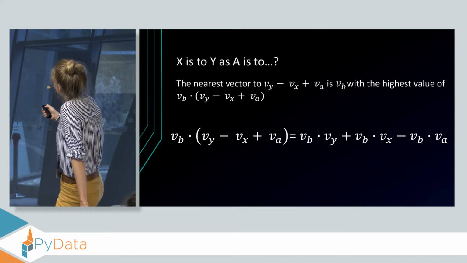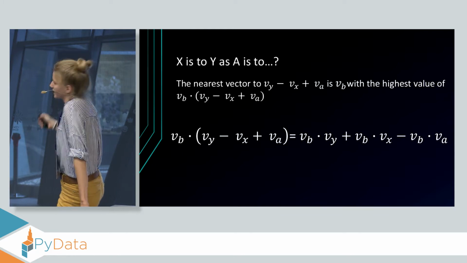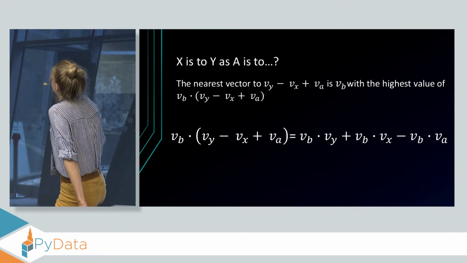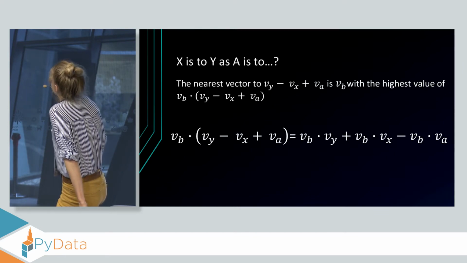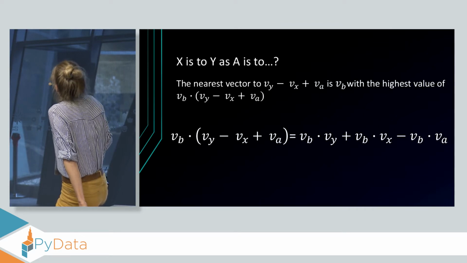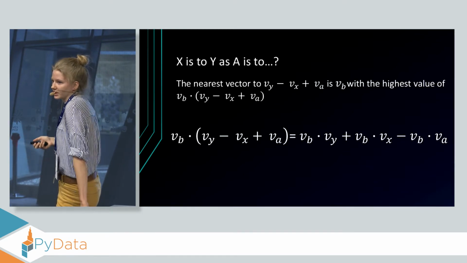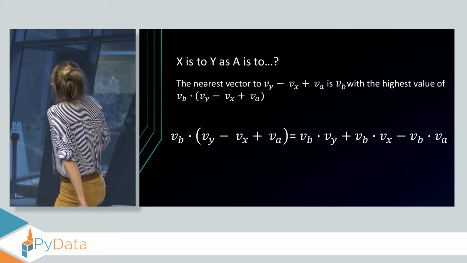So we're looking for such VB that this is the highest. What it actually means is that we're looking for vector VB which has the maximum dot product with Vy and Vx, but at the same time we're minimizing the dot product with VA.